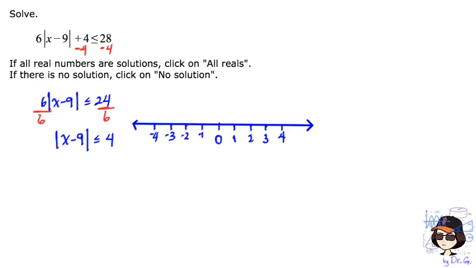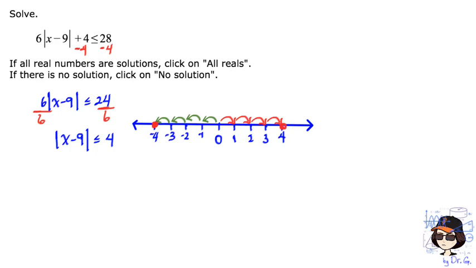So let's look at the number line. Starting at 0, there are 2 directions, right? We could go to the right 4 units and land at positive 4. Or you could go to the left 4 units and land at negative 4. So the thing inside our absolute value, x minus 9, is somewhere in between negative 4 and positive 4, because it can't be more than 4 units away from 0.